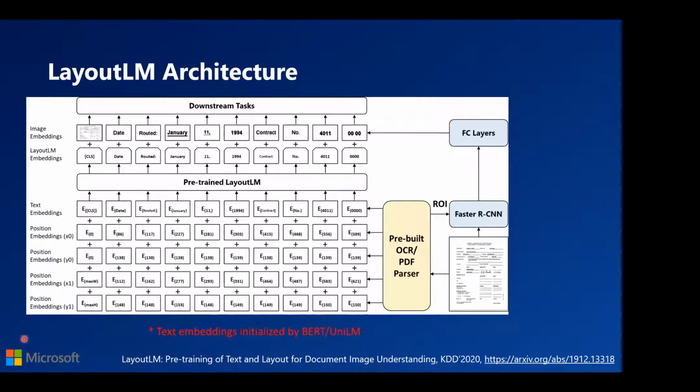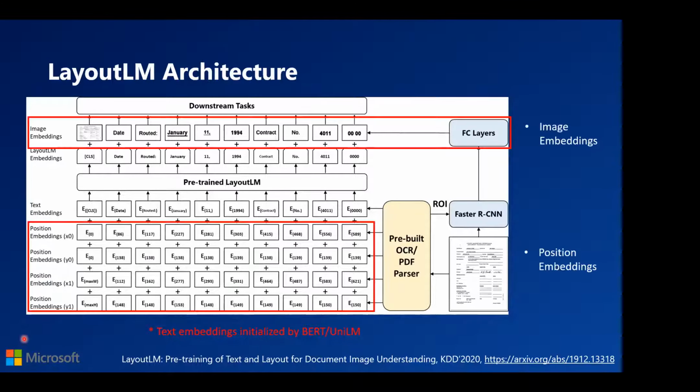The architecture of LayoutLM is a quite straightforward extension of the BERT model. In a traditional language model like BERT, the input is encoded as text embeddings, and then you run through a transformer, and then you can use that pre-trained model to fine-tune for downstream tasks.